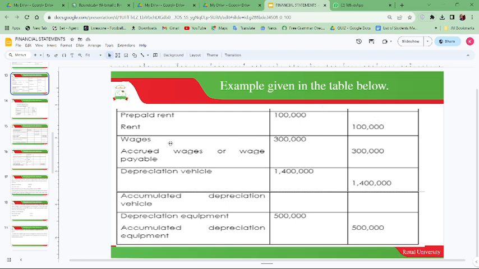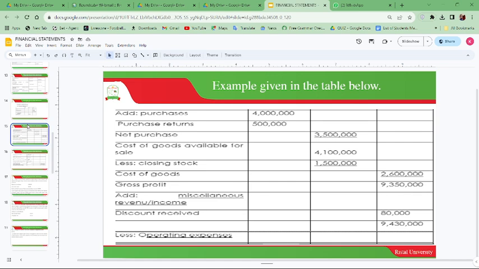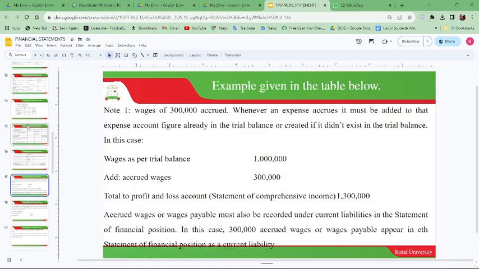Then we go to wages. Our wages was 300 and then accrued wages or wages payable was 300. So we look at the criteria of dealing with accrued wages, unpaid or outstanding. Accrued can mean owing, outstanding, money that has not yet been paid.